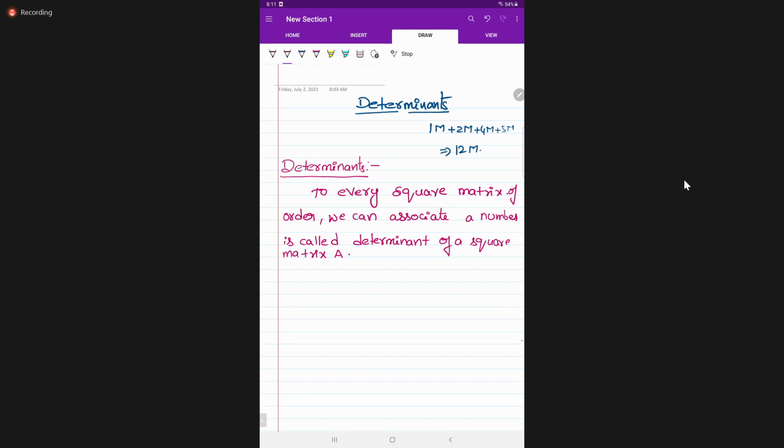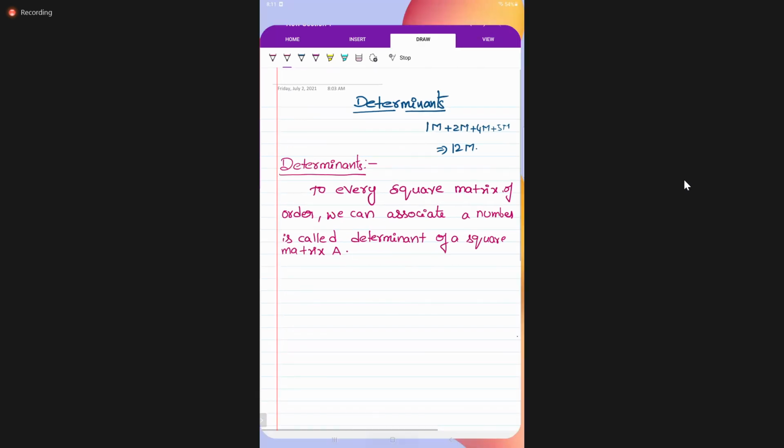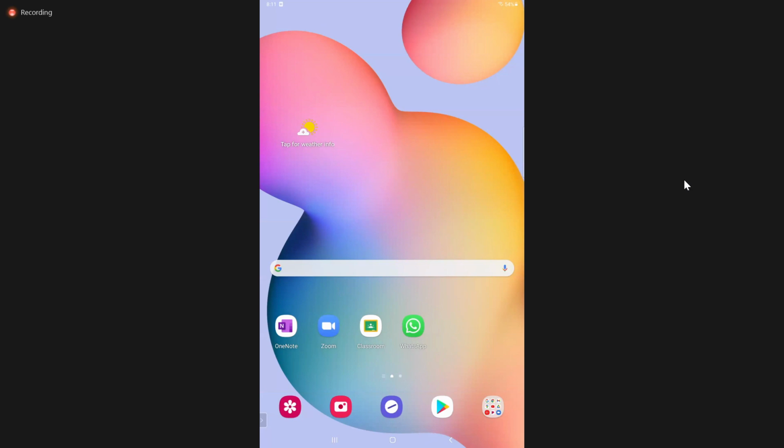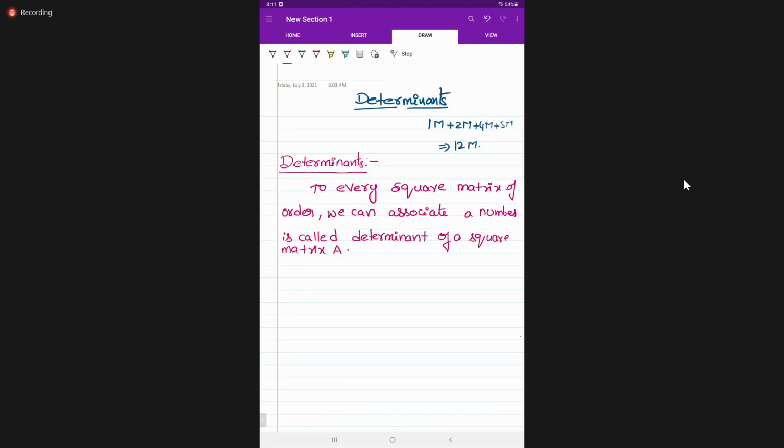For example, if A is a 2 by 2 matrix, it is denoted by det of A, not modulus.